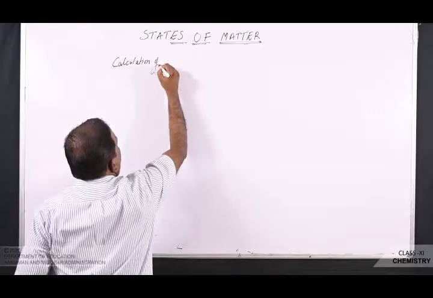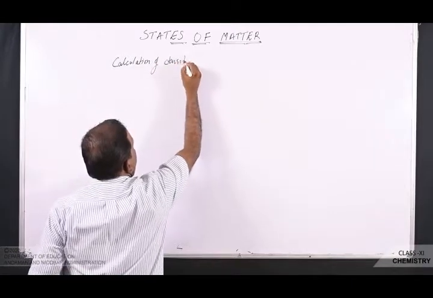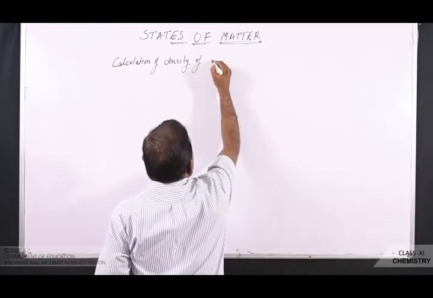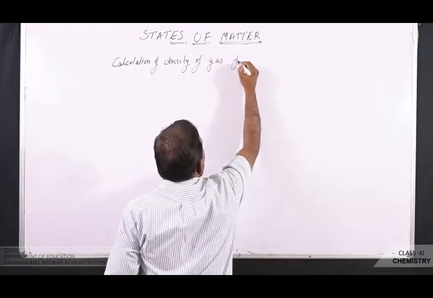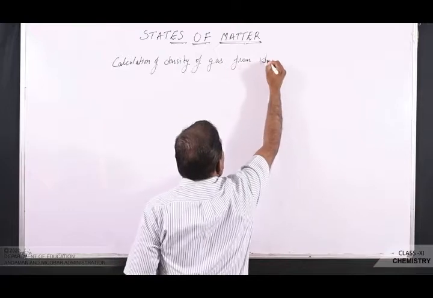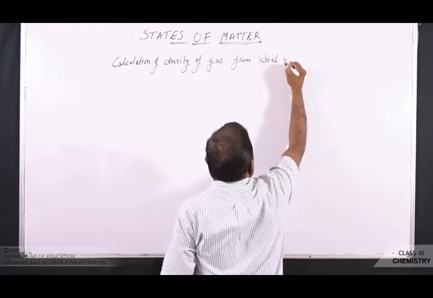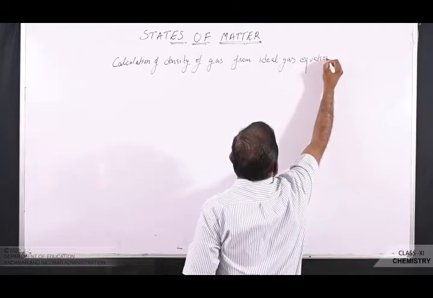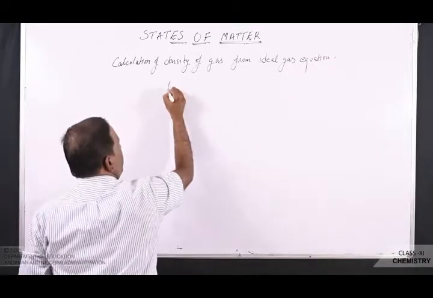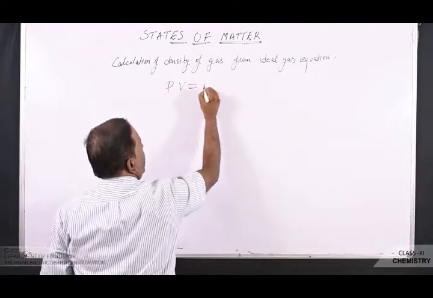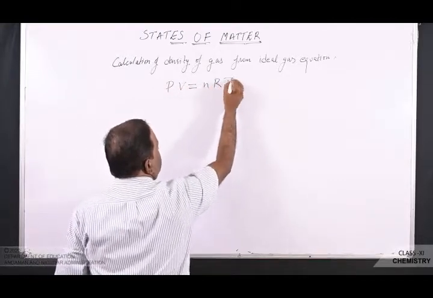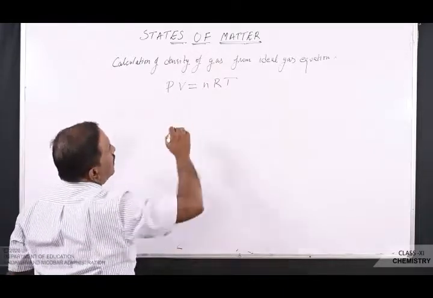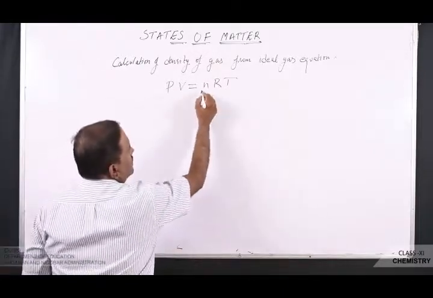Calculation of density of gas from the ideal gas equation. So PV is equal to nRT. Okay students, so we know this is the ideal gas equation. Here n is the number of moles.